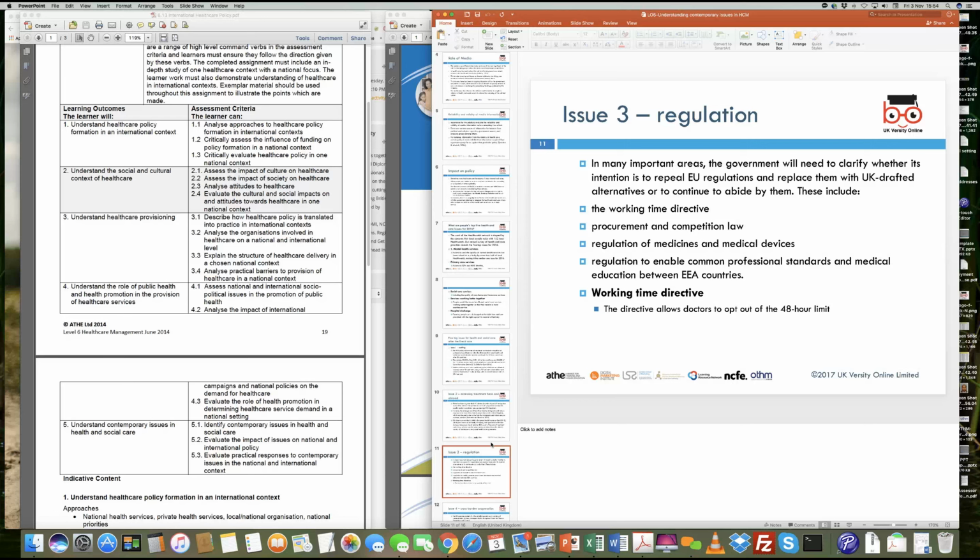The European Working Time Directive basically says that you are considered to be working full-time if you are working over 35 hours, as per the Working Directive of the European Union. Now, in the UK, when we say that you are working full-time, what we mean is that we are working 37.5 hours.